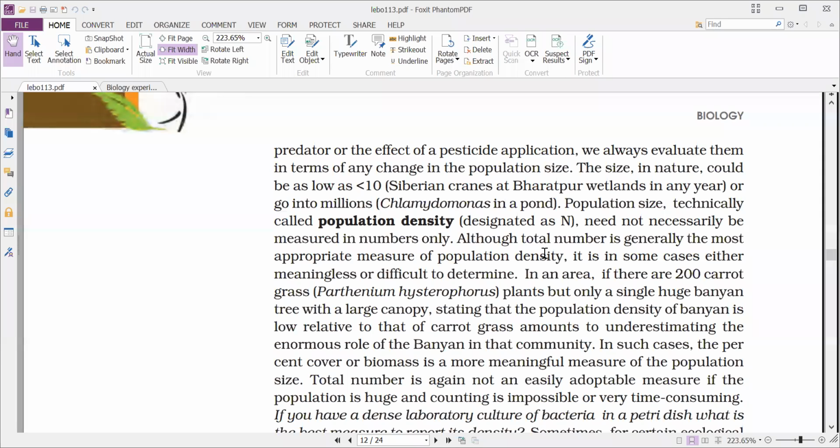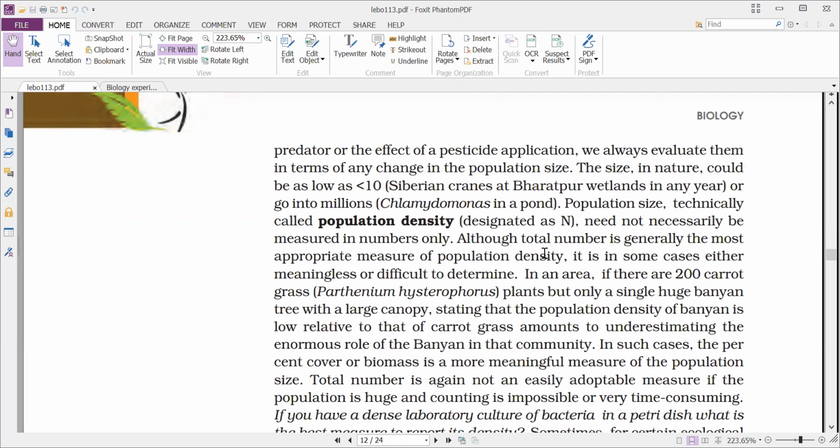Okay, there are 200 carrot grass plants, but only one banyan tree in that area, a big tree with a large canopy, expanded like an umbrella. What is important in that area is the banyan tree, because of its ecological role.